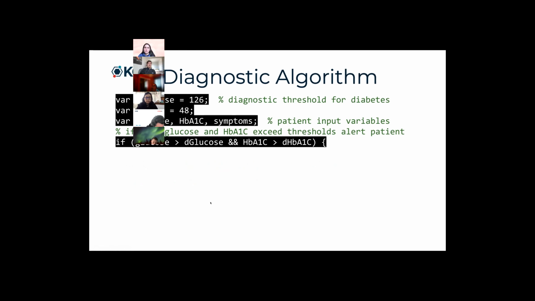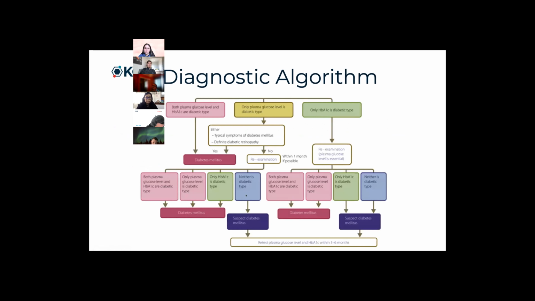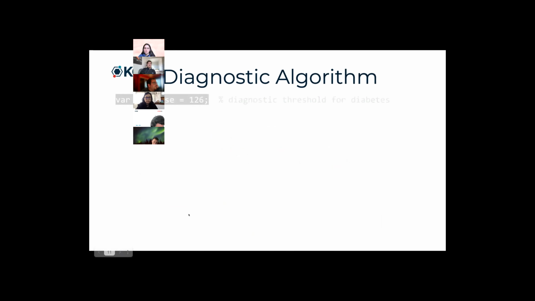And this, by the way, matches what we saw here. So the physician's diagnostic criteria is they ask, are they both at the diabetic level? Then they have diabetes. If only it's glucose, then start to look at their symptoms, right? And based on that, you can then make a diagnosis.